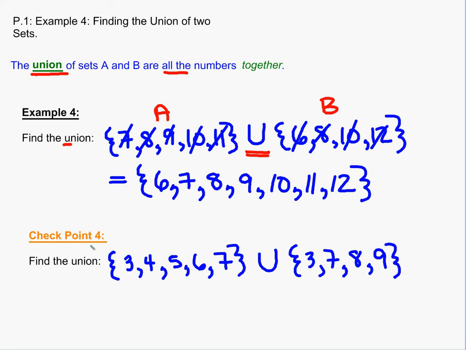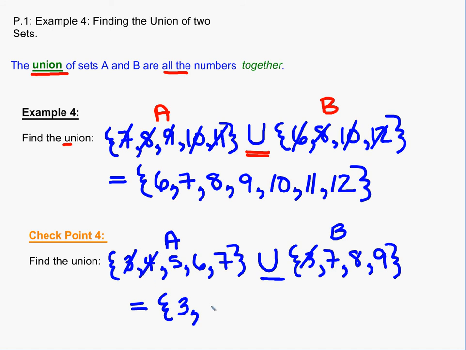Okay, let's keep going forward. Checkpoint 4, I have set A, 3, 4, 5, 6, and 7. I'm finding the union with set B, 3, 7, 8, and 9. So again, for my answer, I'm going to look for all the numbers together without any repeats, starting with the smallest number, 3.